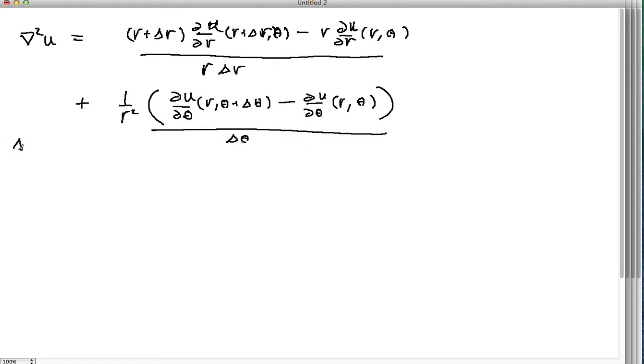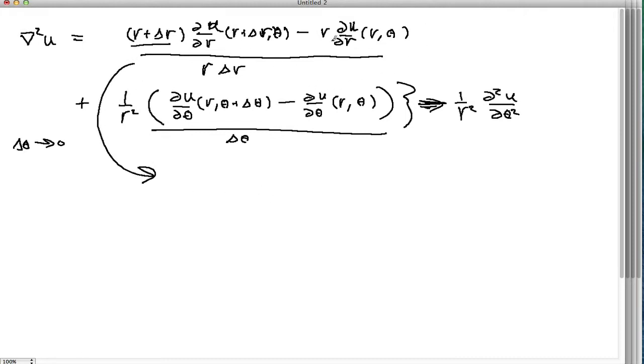All right, so as we take delta theta going to 0, this term becomes 1 over r squared. Just put an arrow going there. 1 over r squared. And this is, of course, the second partial with respect to theta. And this term is a little bit more complex, so I'm going to move it down here because we have this r dr hanging out around there. So what I'll do is I'll put that 1 over r just out front for a little bit. And we still have that delta r there.